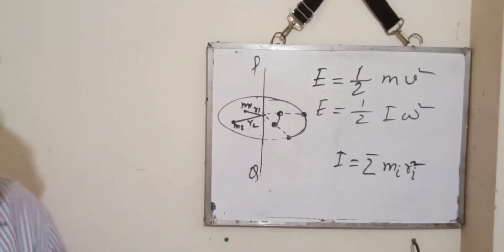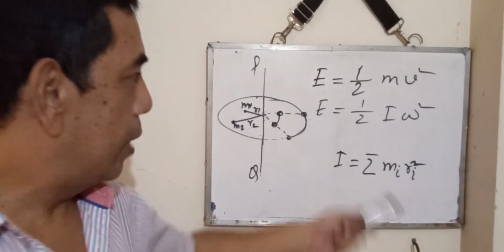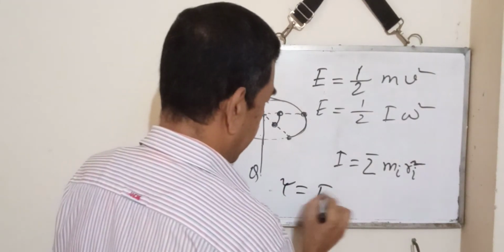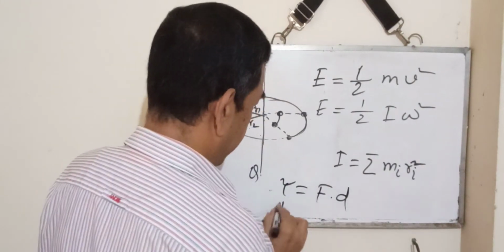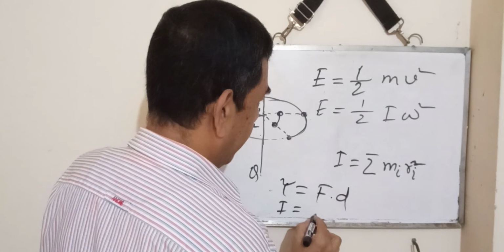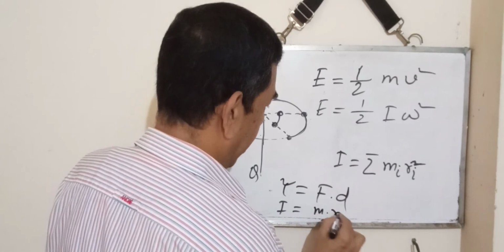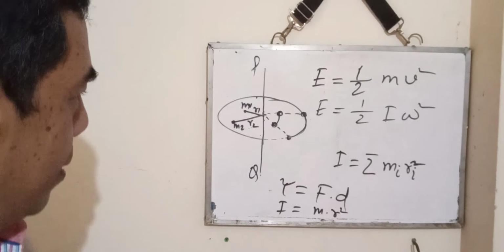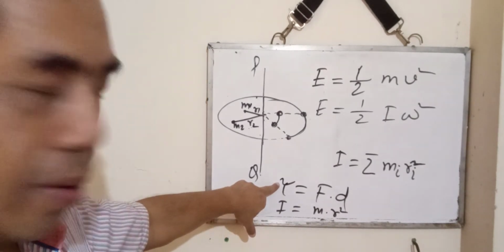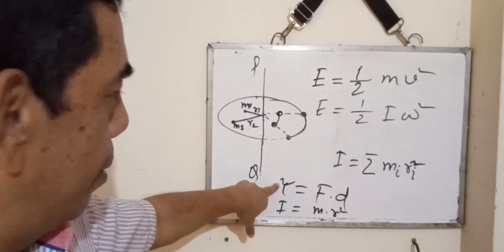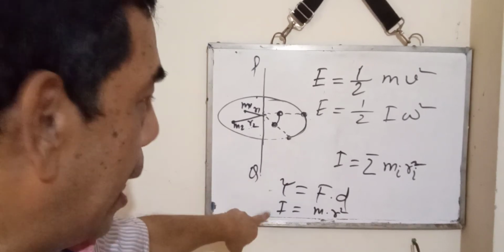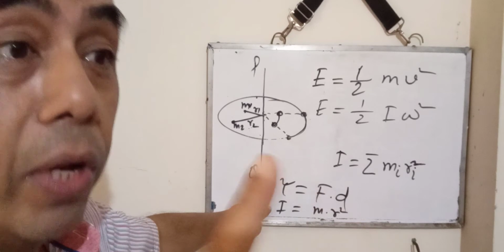Moment of force and moment of inertia. Moment of force is F into d, and moment of inertia is m into r square. Torque means moment of force, I means moment of inertia.